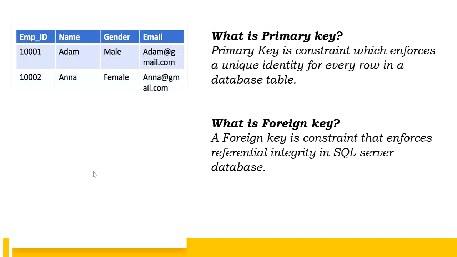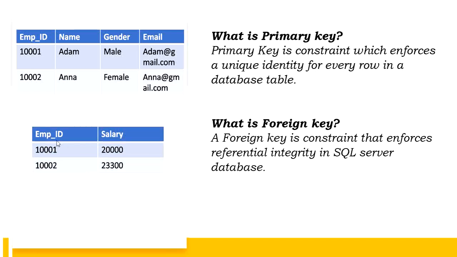Okay, let's see an example of a foreign key. If you see here, we have employee ID, which is the same as the employee ID which we have here. Consider this as an employee table and this as a salary table, the employee salary table, which stores the salary of each of the employees. In this case, we are referencing just the IDs.